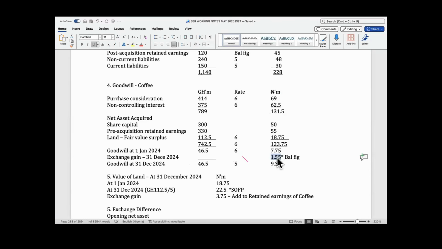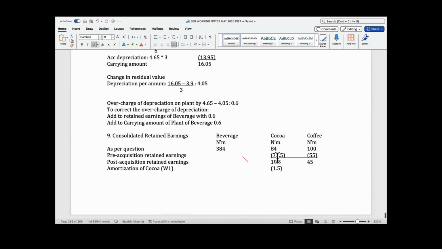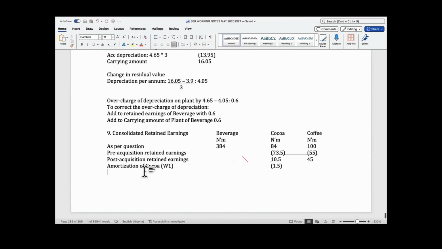So this 1.55, this exchange gain on goodwill, is that workings 4? Confirm. Ordinarily, I would have just put that 1.55 under parent, but because NCI is measured at fair value, I'll push it to coffee.